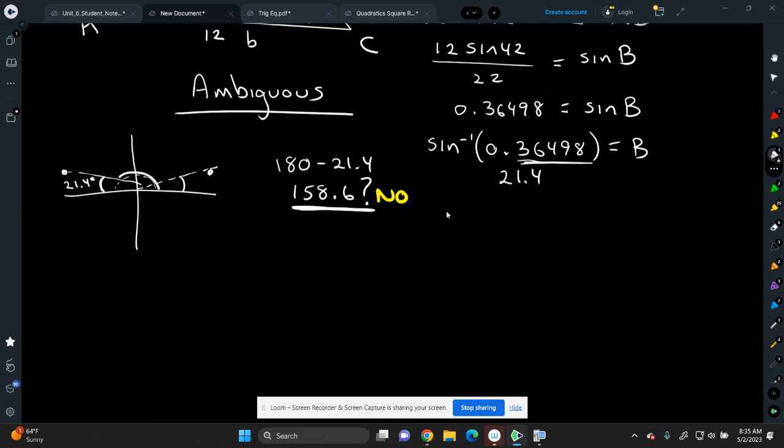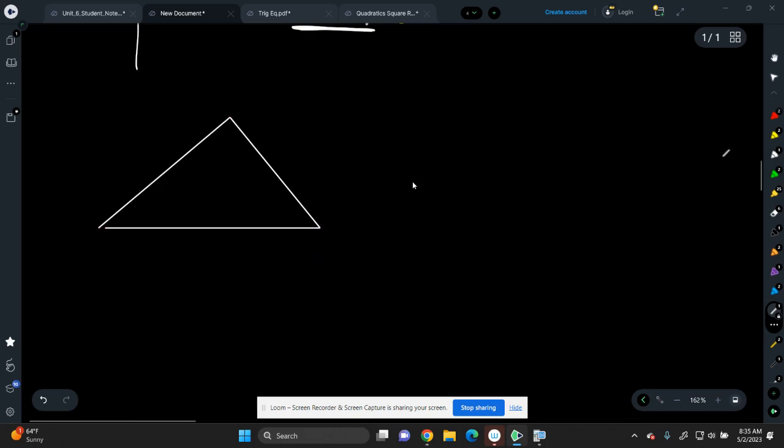Okay, let me give you an example of one that does have more than one triangle. So let's see, side A is going to be 12. Side B is 31.